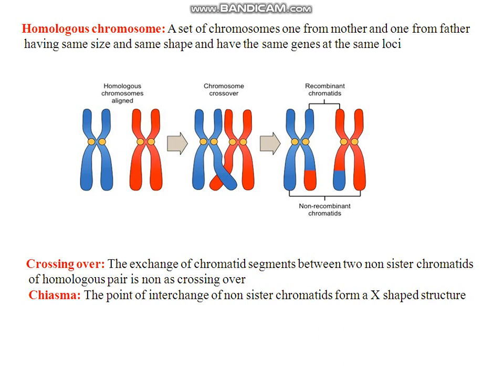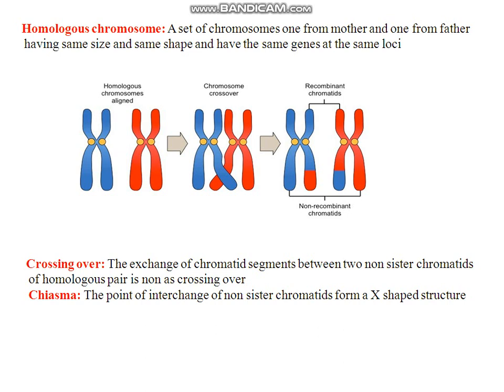I think you have noticed that the place where the red and blue chromatids exchange their parts looks like an X-shaped structure. This point of crossing is called chiasma or chiasmata, singular and plural. And the process of exchanging chromosomal parts is called crossing over.